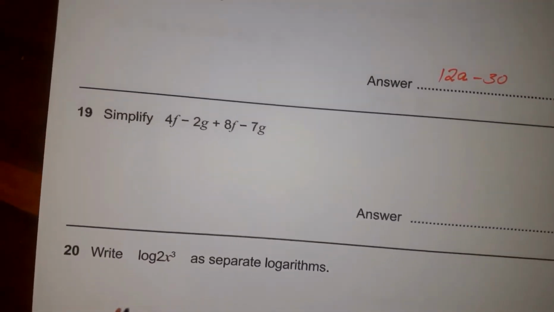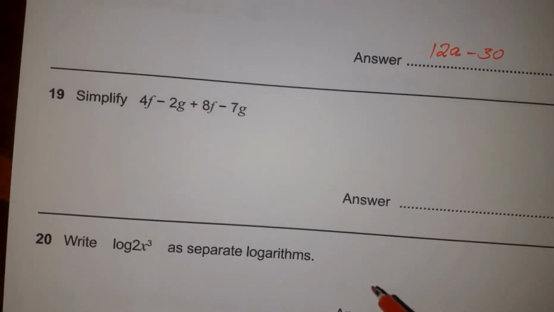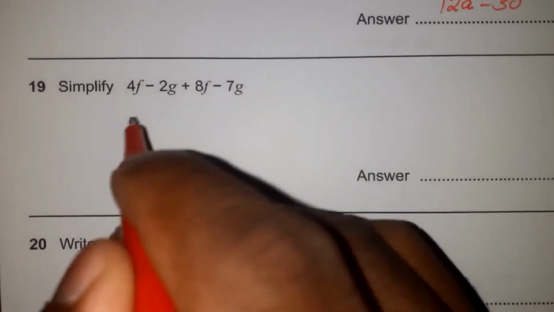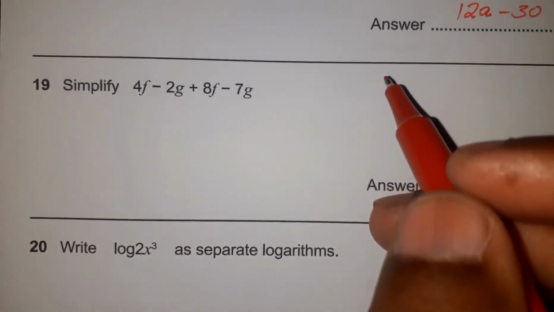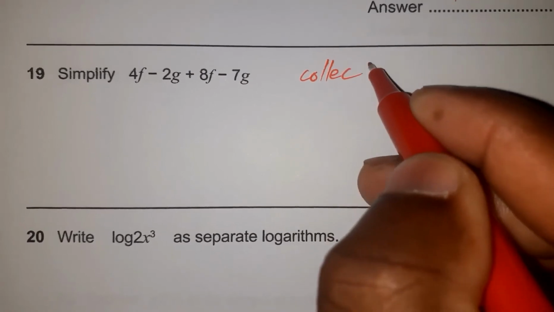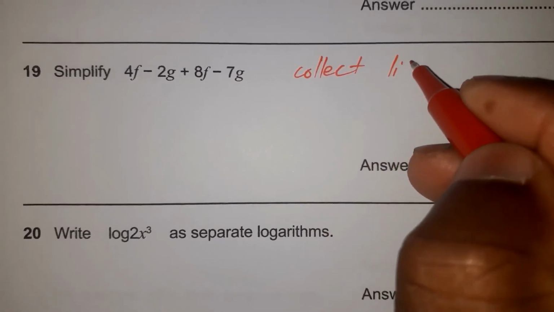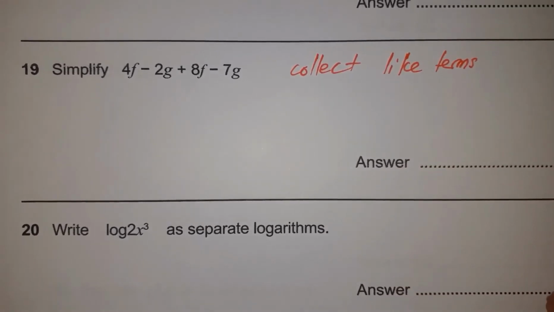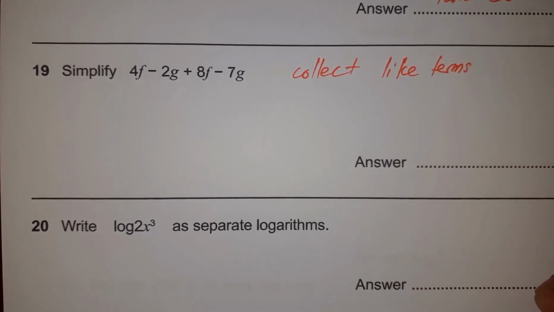And then here we want to simplify. When you're simplifying, especially when you have an algebraic expression like this one, always collect like terms. Which ones are our like terms here?